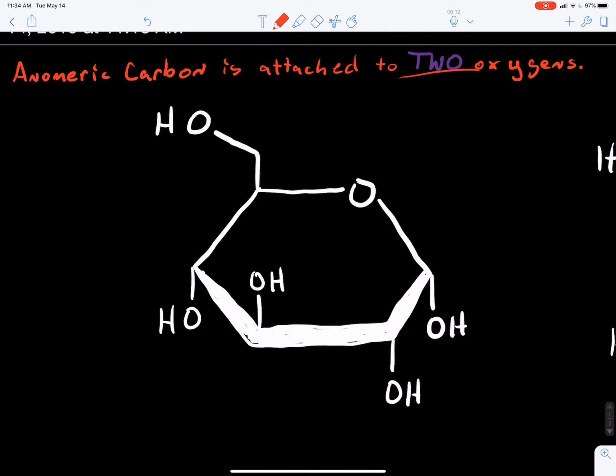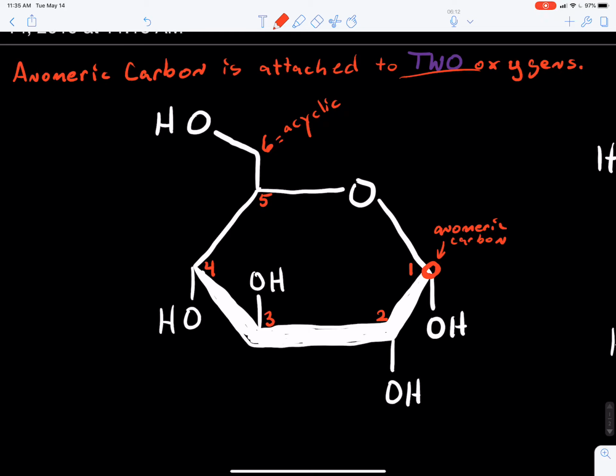We look through and see that this carbon right here is our anomeric carbon, as it's attached to two oxygens. This is where we start our numbering of the ring. So this is 1, 2, 3, 4, carbon 5, and carbon 6. This one is your acyclic carbon.